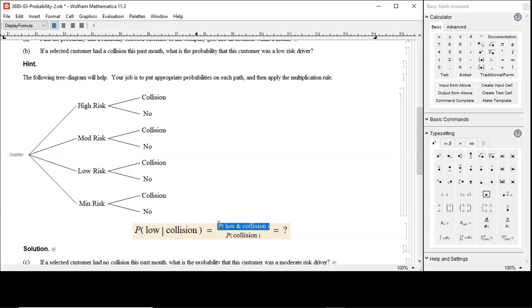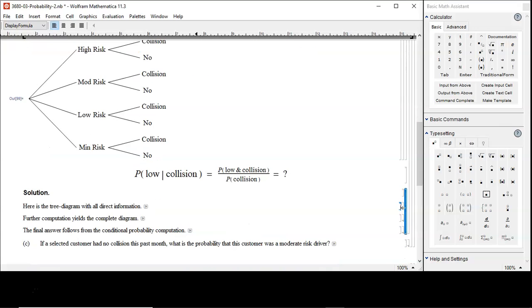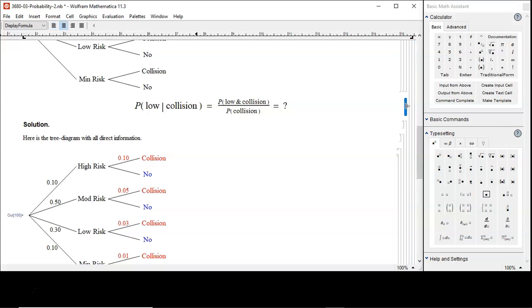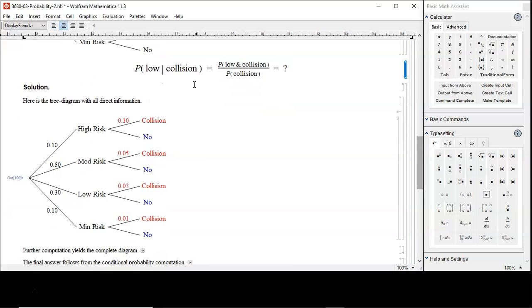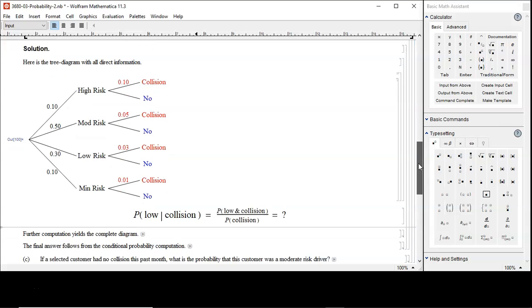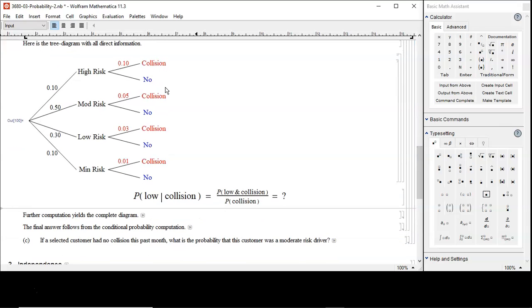And what is this? It's going to be one of those branches. Here we go. Tree diagram. And this is what we are looking for. Let's copy and paste. This is what we are looking for, remember. How to get all those collisions, all those red.